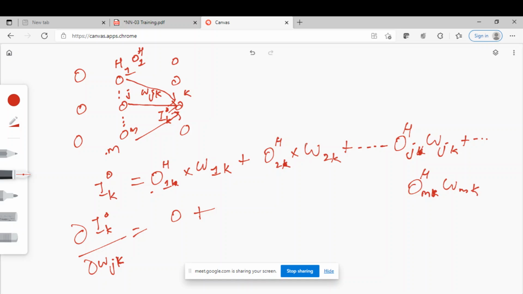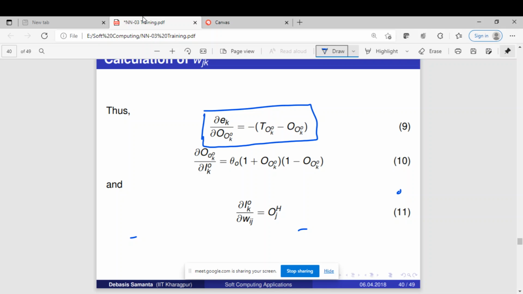Similarly, when you differentiate this, you are getting it in terms of itself. So that is the second one, right? And the third term is OJH. So what we are going to do is plug it into that equation.